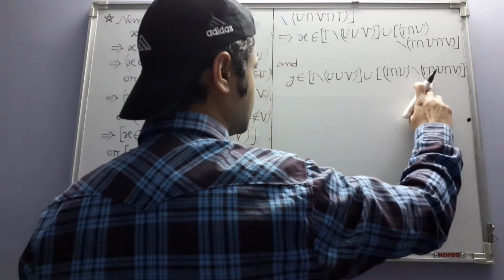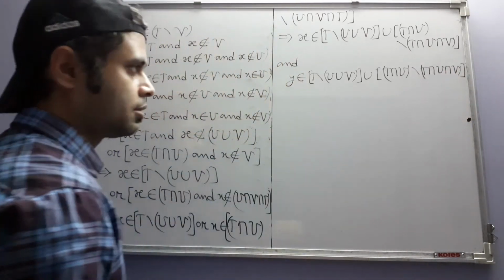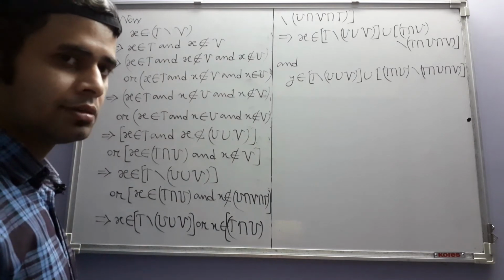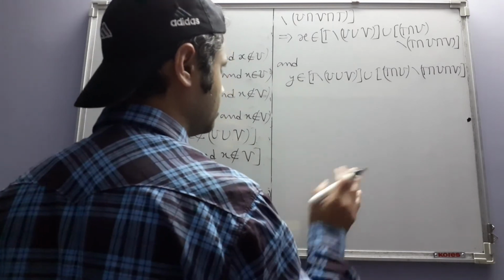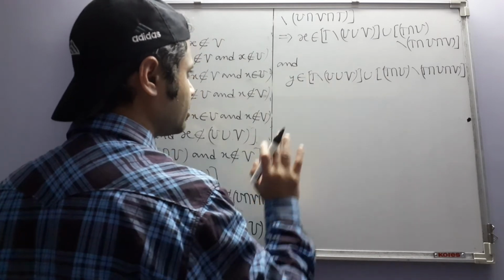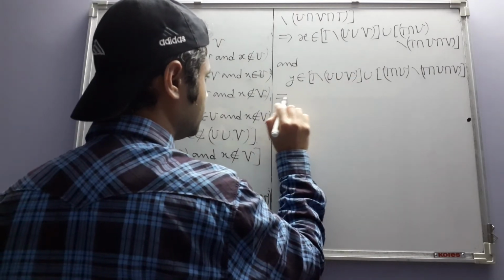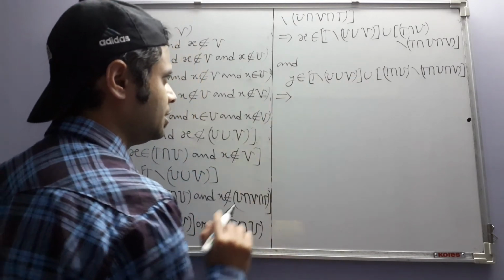If one wants, instead of writing this intersection, one can also write just simply difference. That will be the same thing, but let's not think of those things anymore. We just want to finish this.